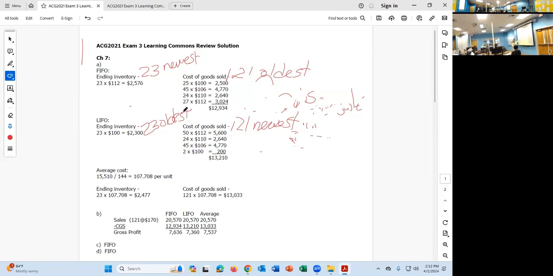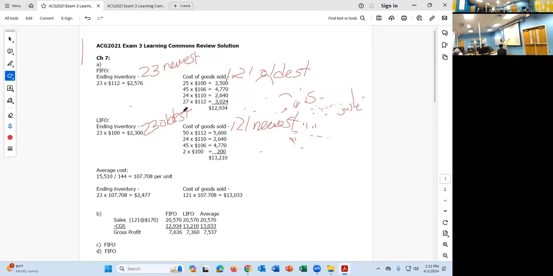Okay, just in the case of LIFO, with FIFO, remember we started with the oldest stuff, we started at the top, the 25 units at 100. Notice that with LIFO, we started with the newest items. Our most recent purchase is what we assume we sell first.